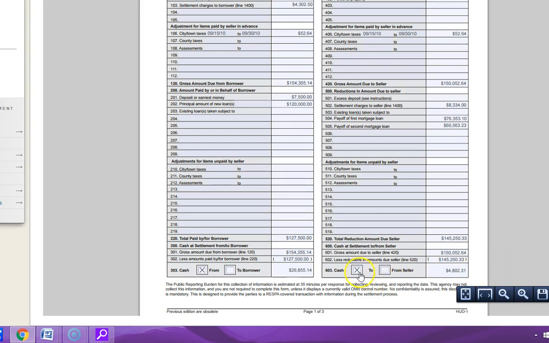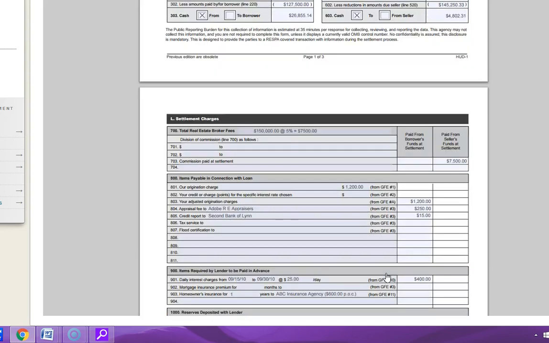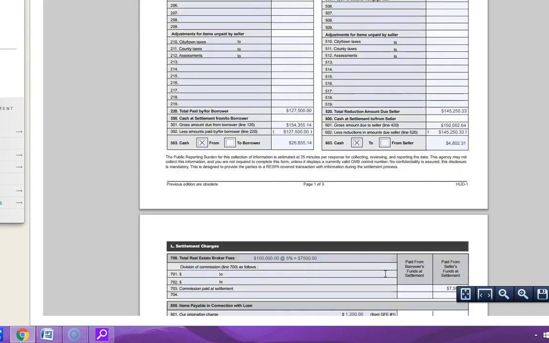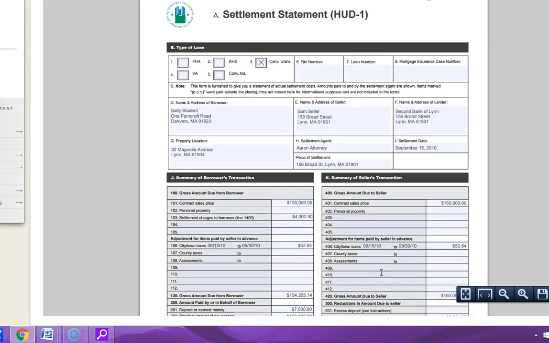If it's a positive number, you put an X in the to box. If it's a negative number, you put an X in the from box. And that is pretty much how you do the settlement portion of the settlement statement. And it's now the settlement portion of the closing statement.